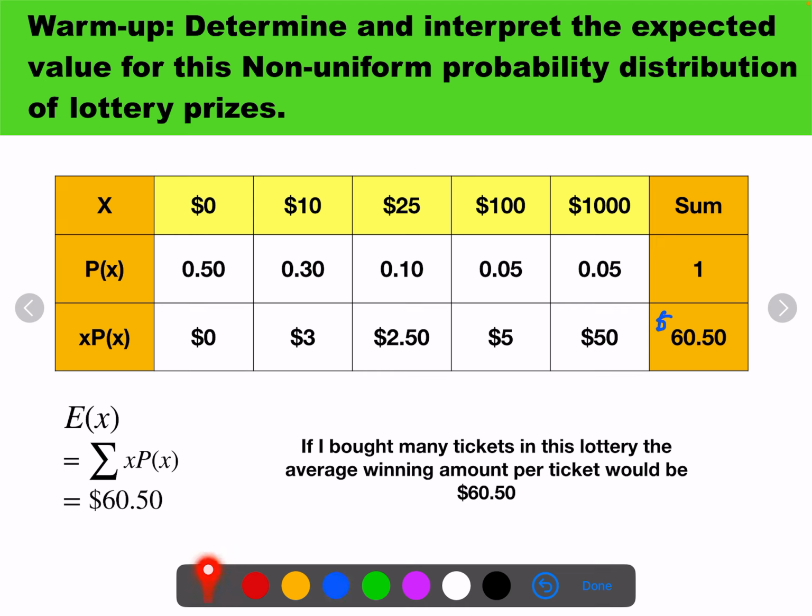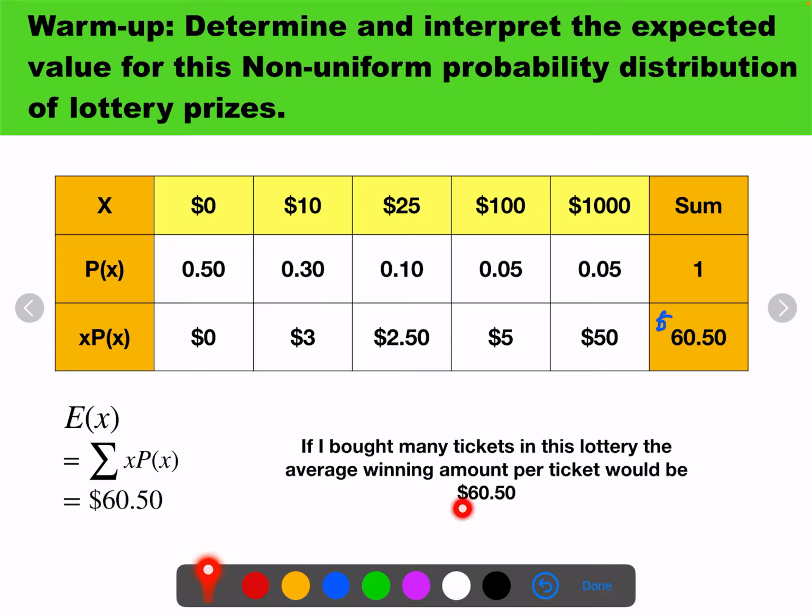The meaning of that expected value is not what I expect to get if I buy a single lottery ticket. These are the only possible values I could get, and most of the time, 50% of the time, I'm actually going to get 0. That's what my brain would expect to get if I bought a single ticket.